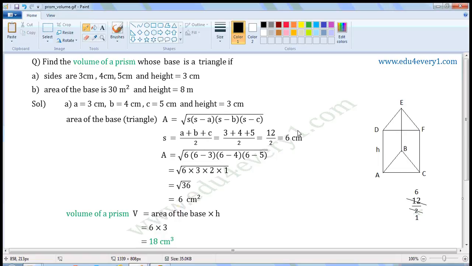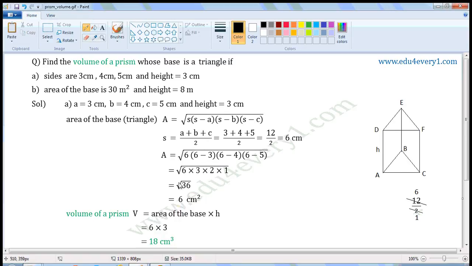Now substitute the values of s, a, b and c in this formula to find area. That is equal to root of 6 into 6 minus 3 into 6 minus 4 into 6 minus 5. 6 minus 3 is 3, 6 minus 4 is 2 and 6 minus 5 is 1.